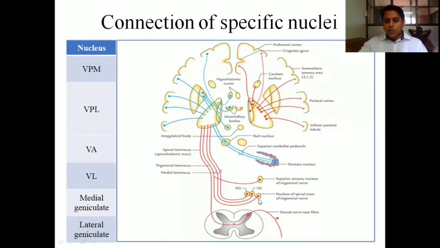So the spinal lemniscus is its path in the brain stem. Likewise, we have proprioceptive fibers, which lie along the posterior column. We have the fasciculus gracilis and cuneatus along the column.